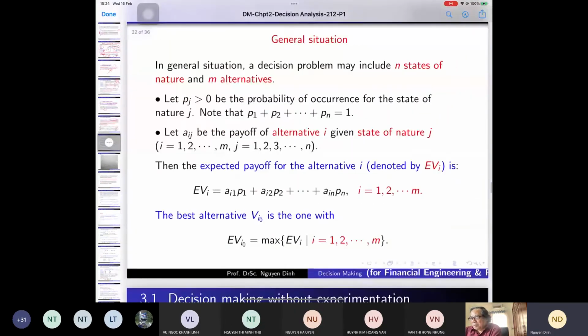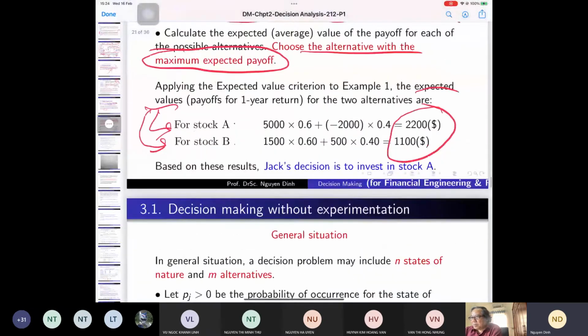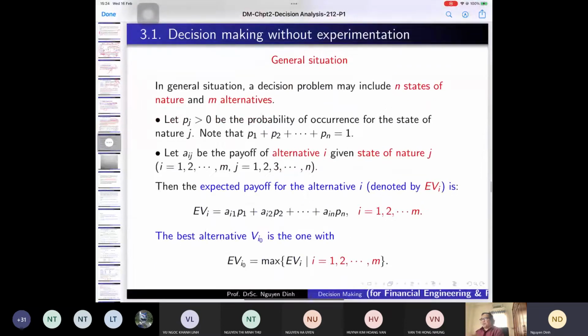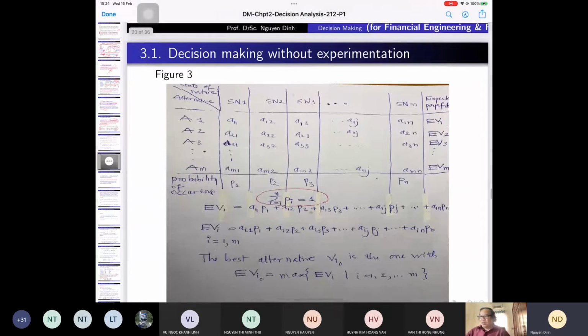So, decision making without experimentation, but we want to consider the general situation. Here we have what we call the states of nature.